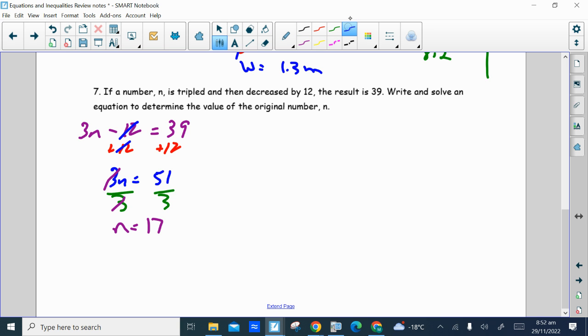So as our check, the number is tripled, that's 3n, decreased by 12, should equal 39.